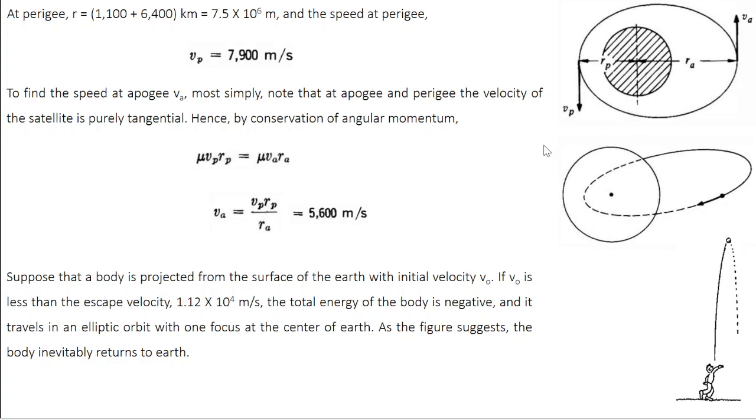Since we are talking about a one body problem, instead of m you have the reduced mass mu, so mu into r into v. At this point, this is mu Vp Rp. This is the same as mu into r into v at this point, which is mu Va Ra. So mu Vp Rp equals mu Va Ra. From this, Va equals Vp Rp divided by Ra. Once again you get the same value, 5600 meters per second.